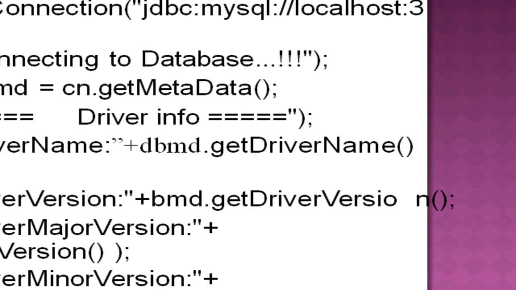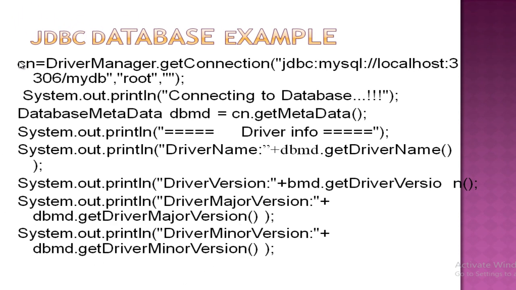Same as here, we have implemented cn equal to DriverManager.getConnection with the URL, name and password. Suppose we are not going to write any password, then we can write empty double quotes only.